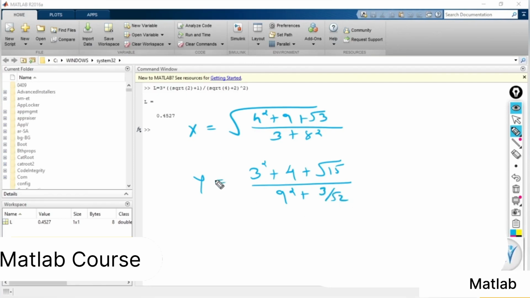So x and y, you need to calculate these two, implement them in MATLAB, and find the answer.